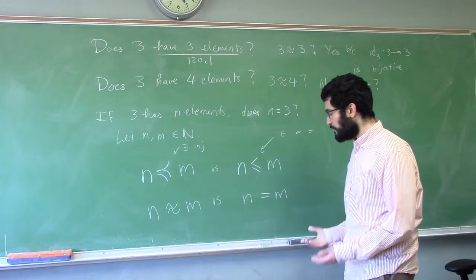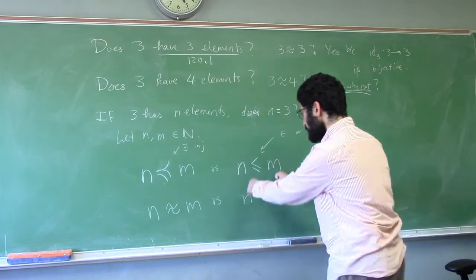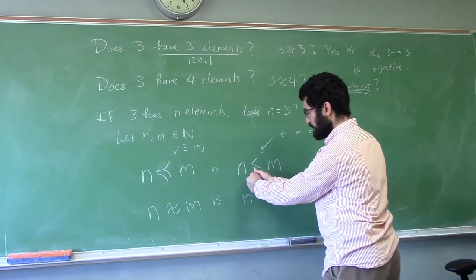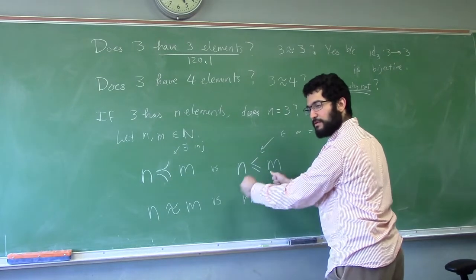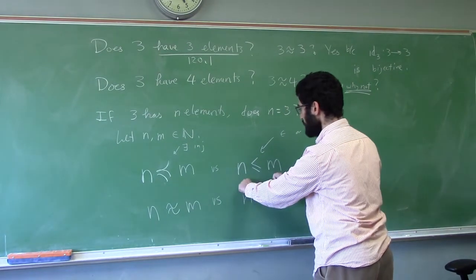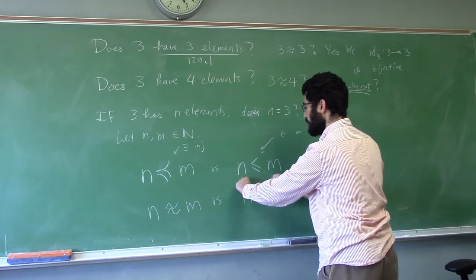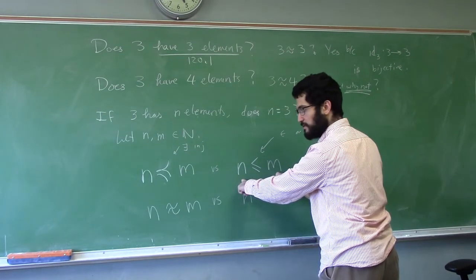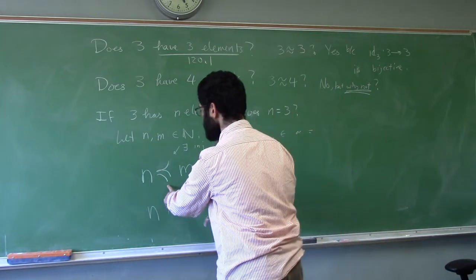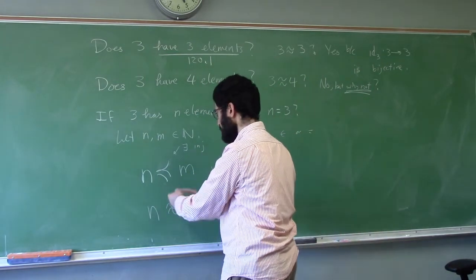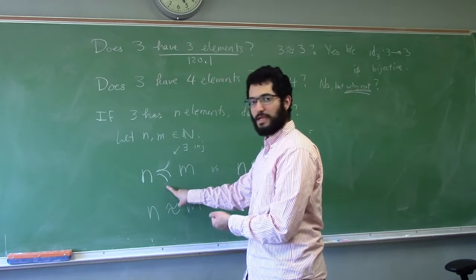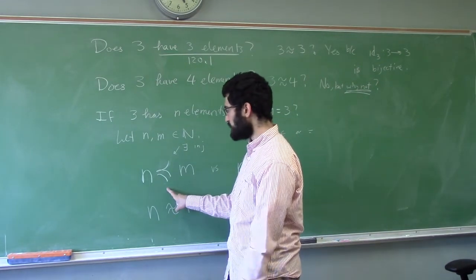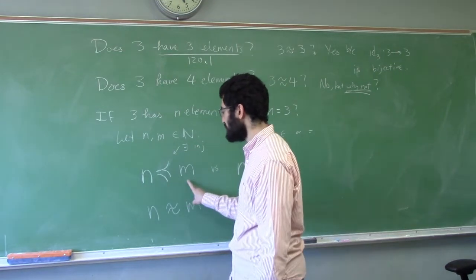But we really think of both of them as saying something about order. This one we think of as saying that in the ordering, in terms of succession, in terms of one natural number being the next of another, which is the next of another, m comes after n, or is equal to n. This one is not really focusing on the ordering or the succession. It has nothing to do with next. It has everything to do with the number of elements in each of these sets.